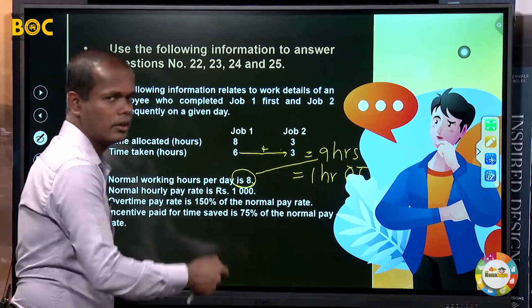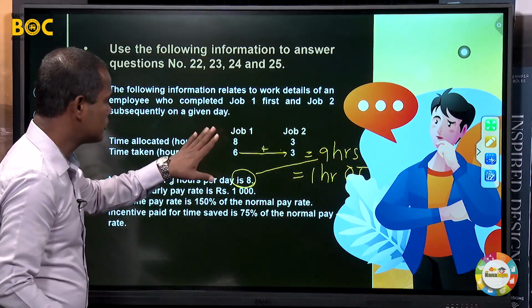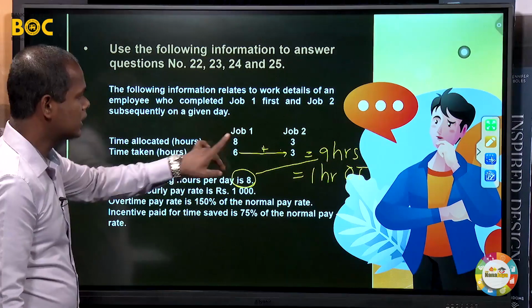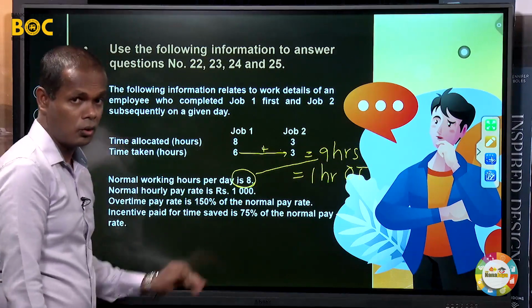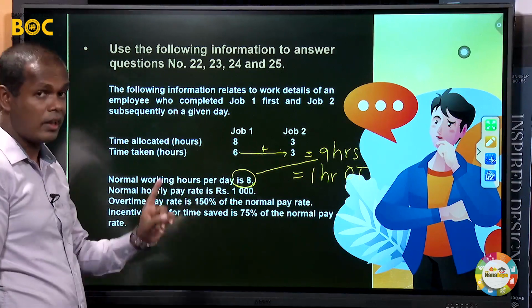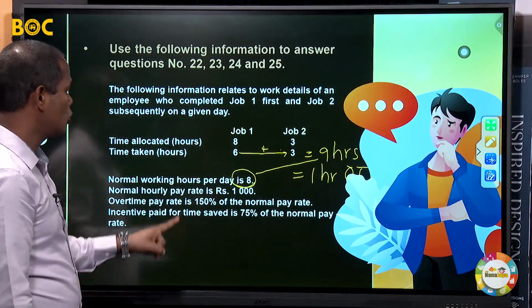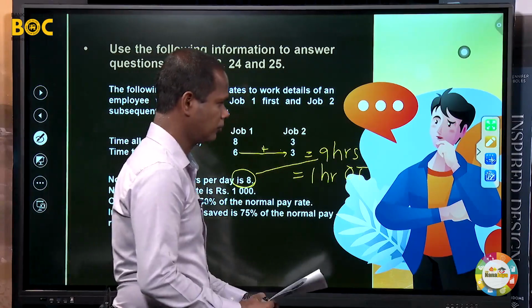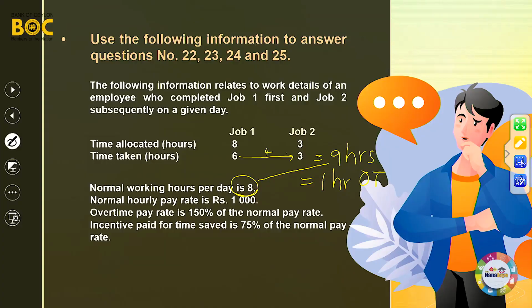To identify clearly, for job 1 he has worked 6 hours, for the second job 3 hours. Altogether he has worked 9 hours, whereas the company's normal working hours are 8. The overtime is 1 hour. What's the overtime rate? Overtime pay rate is 150% over the normal rate.